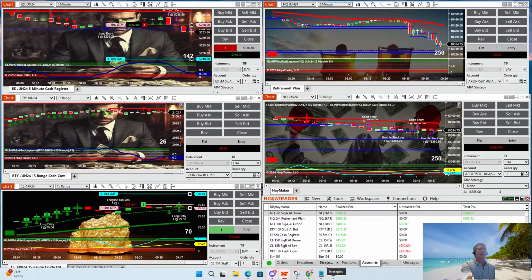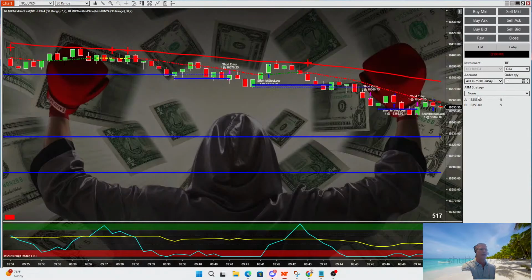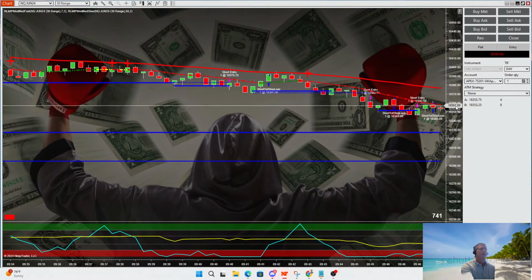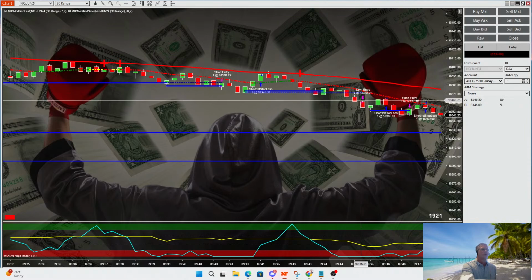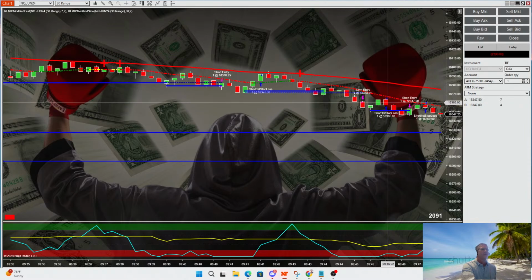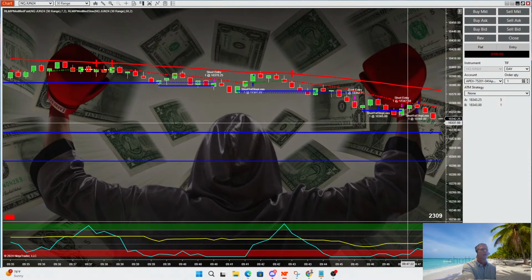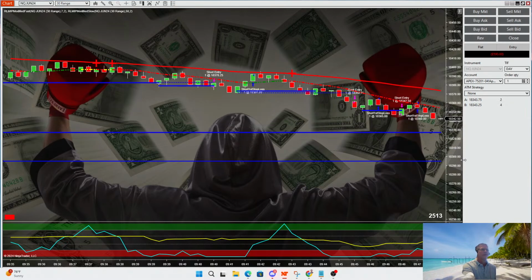Really like the short roll on this, but it's just bouncing around a little too much. Got in, bounce back, and stop this out. Jump back in. Now it'll roll.